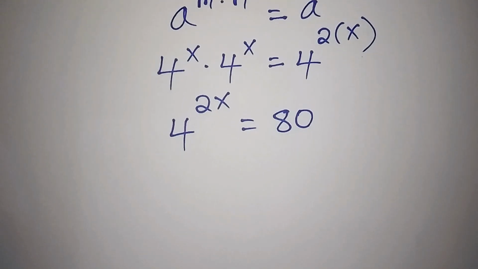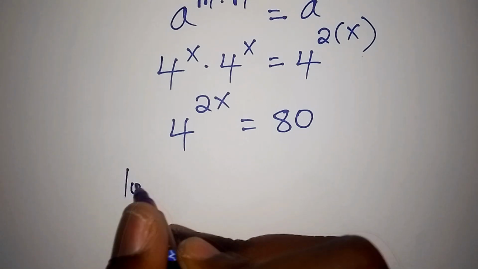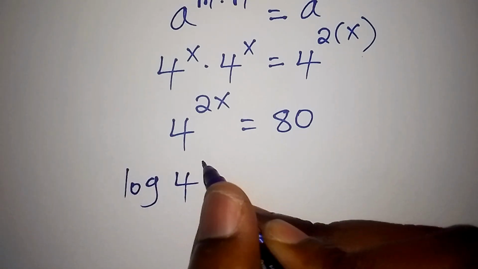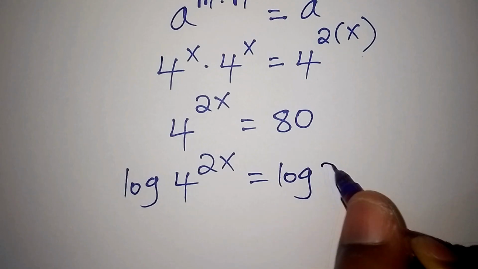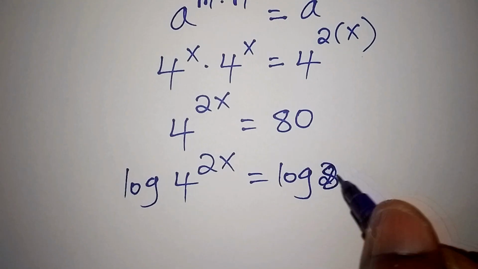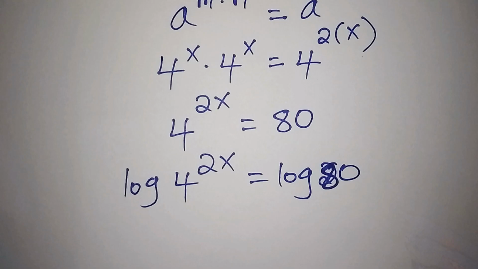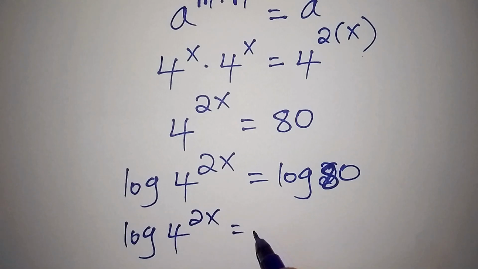So now we shall have the log of 4 to the power of 2x is equal to the log of 80. So in this case, let me repeat it, the log of 4 to the power of 2x is equal to the log of 80.